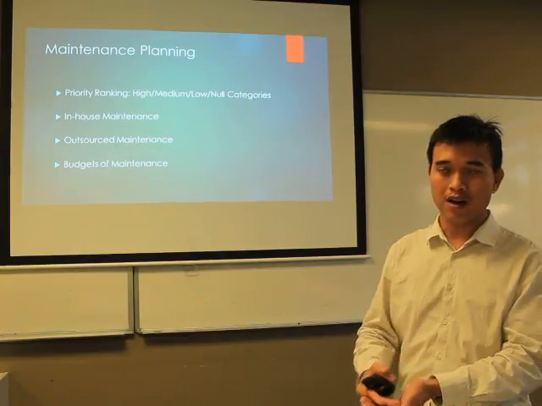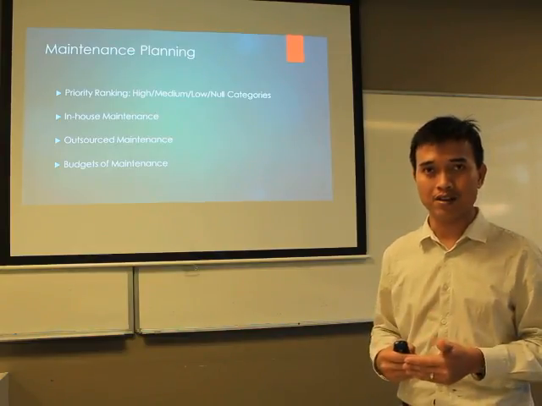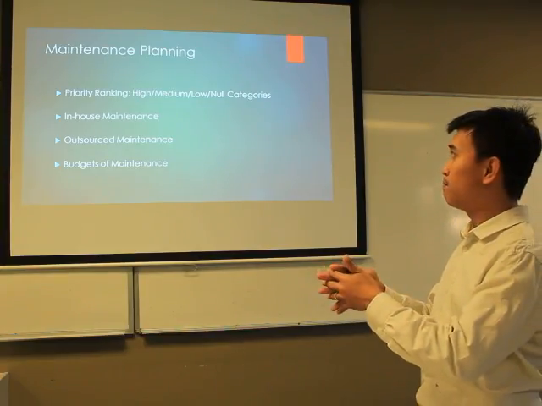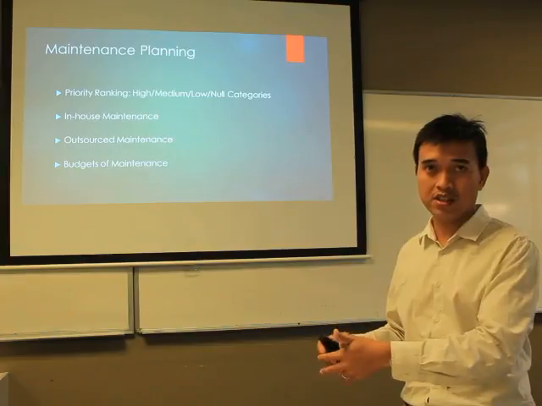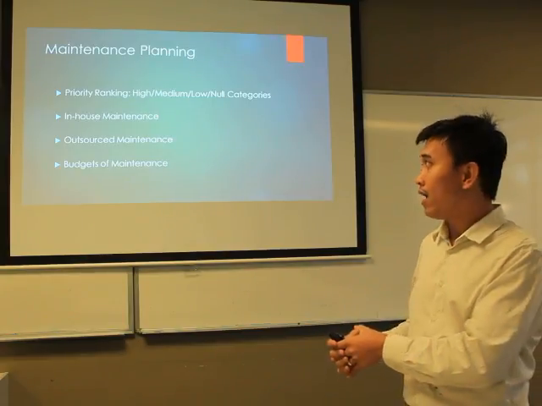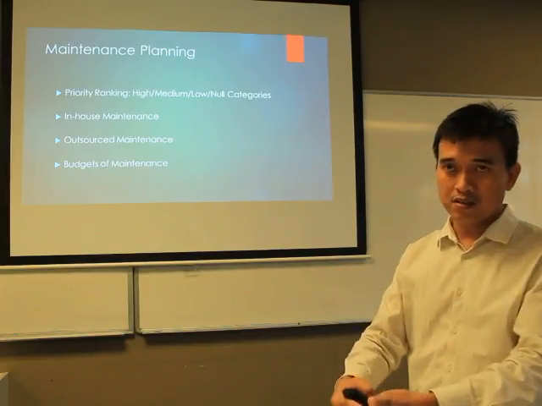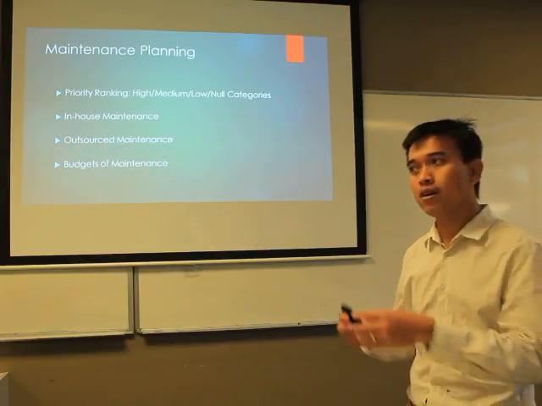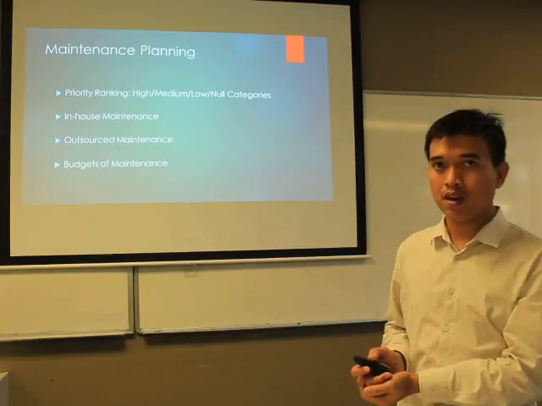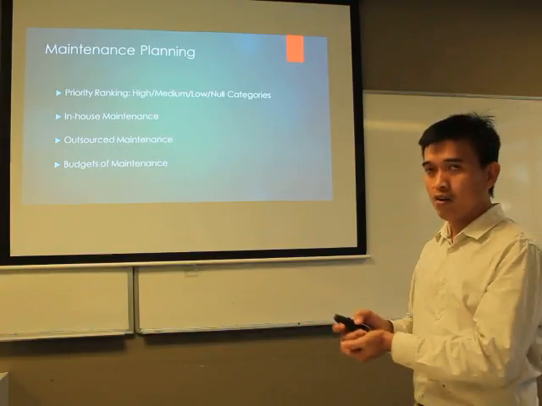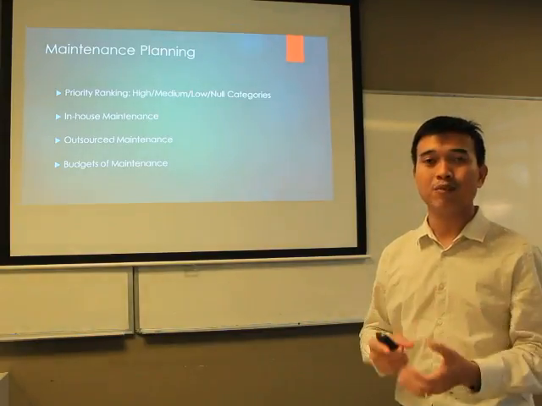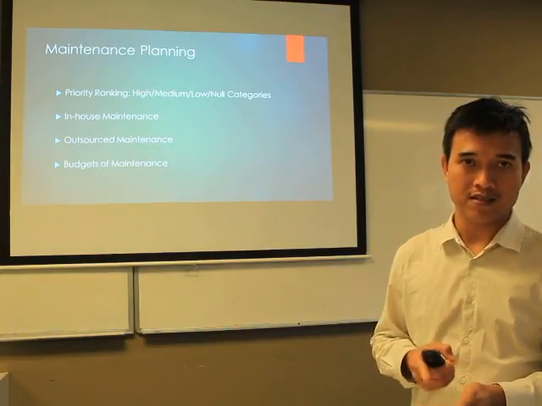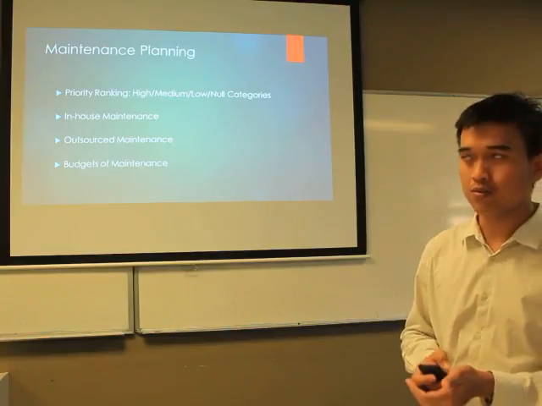After collecting, we have to analyze whether they are high priority or low priority, and whether the maintenance should be done by our team or outsourced. And for all of this, we need the budget. Once the maintenance planning is done, the budget must be done too.